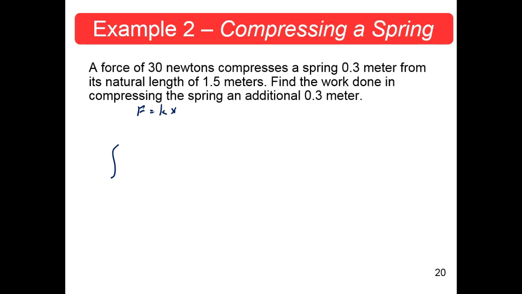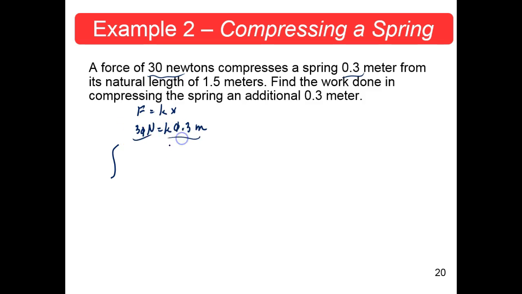First thing we have to do is figure out what in the world K is, and that's what the first statement tells us: that the force of 30 newtons is going to compress the spring 0.3 meters, and so we are able to calculate what our K is. What would K be in this case?